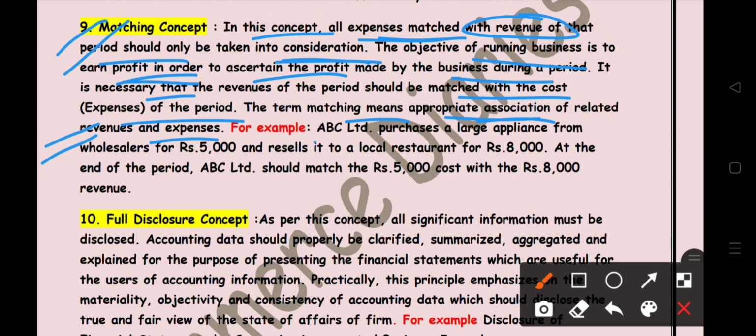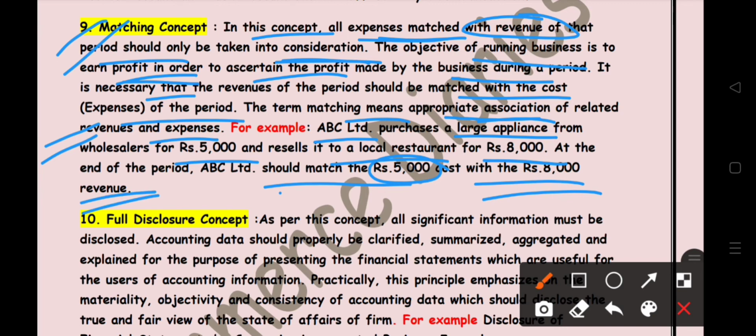ABCD purchased a large appliance from the wholesaler for rupees 5,000 and resold it to a local restaurant for rupees 8,000. At the end of the period, ABCD should match the 5,000 cost with the 8,000.